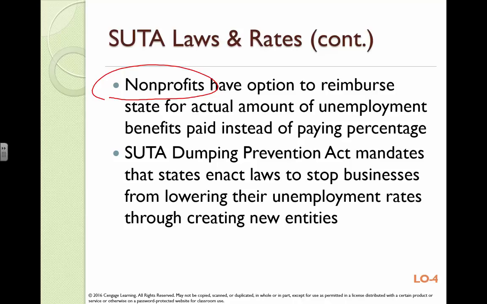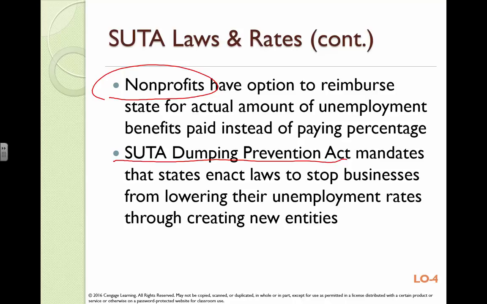The other thing to note here is, say that I'm a new company and I start out with a really bad HR record the first 2 to 3 years. I've overhired and I don't know how to schedule, and I've had a lot of people get laid off and collect unemployment. Now my rate is like 6%, and it's expensive.